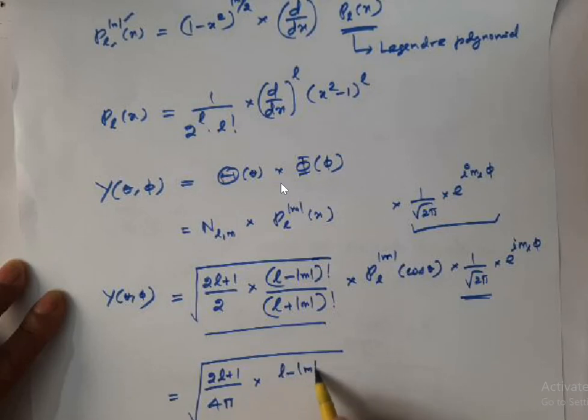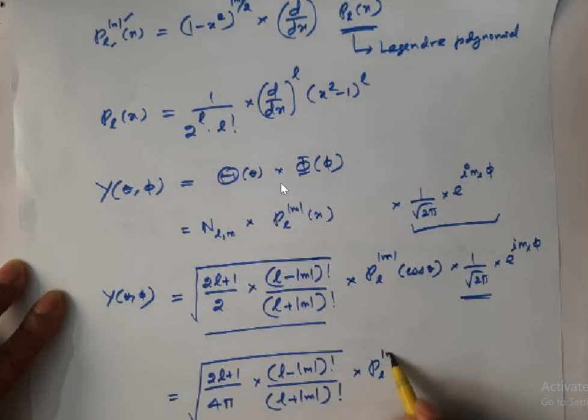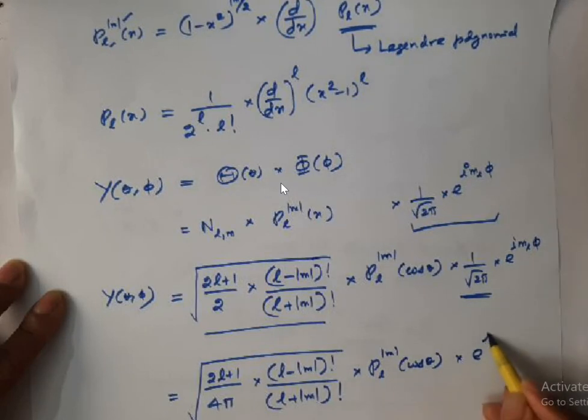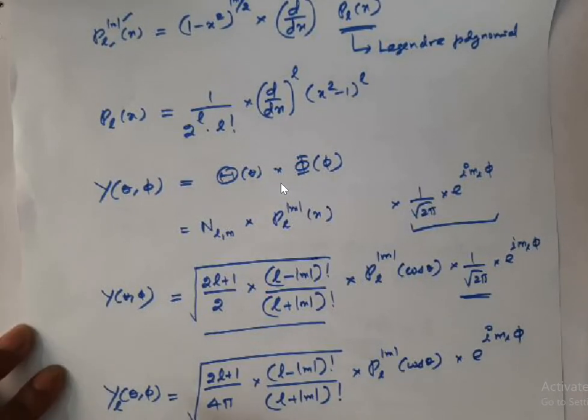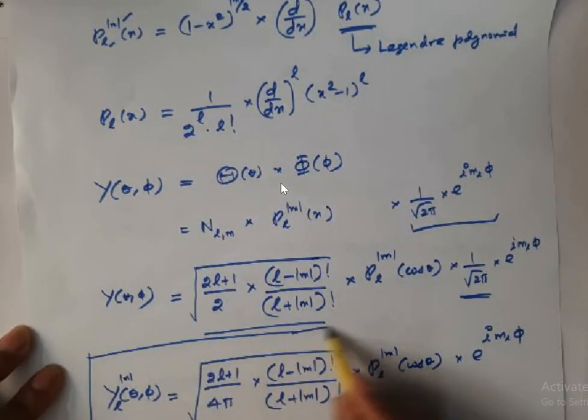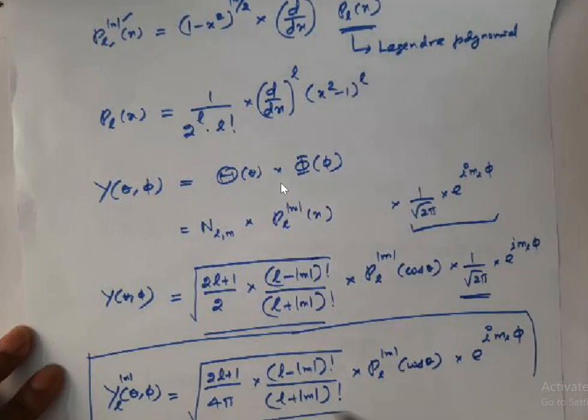I can combine these normalization constants together, and by combining these two, I can write this as (2L plus 1) by 2 into 2 pi, which becomes 4 pi, into (L minus m) factorial over (L plus m) factorial, into the associated Legendre polynomial, into e power i ml phi.